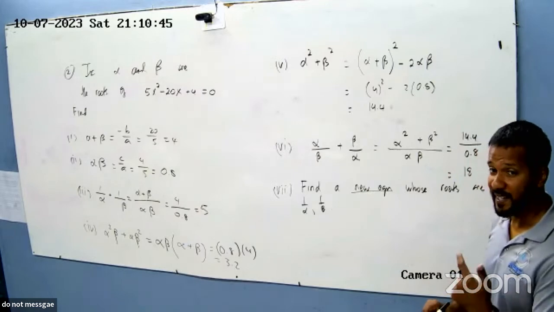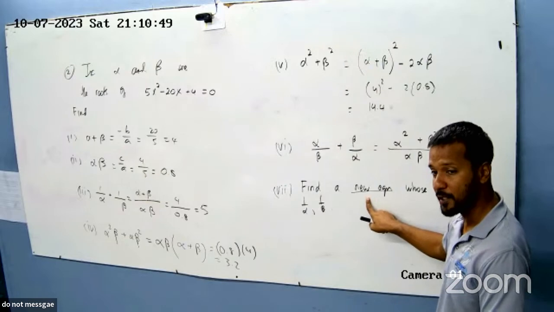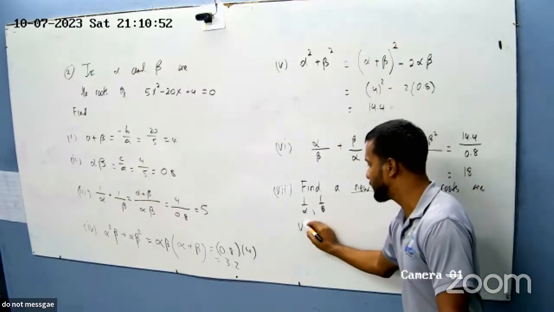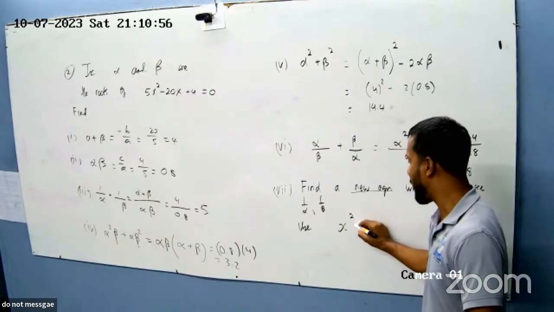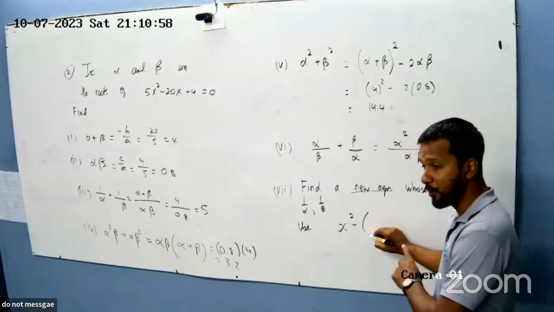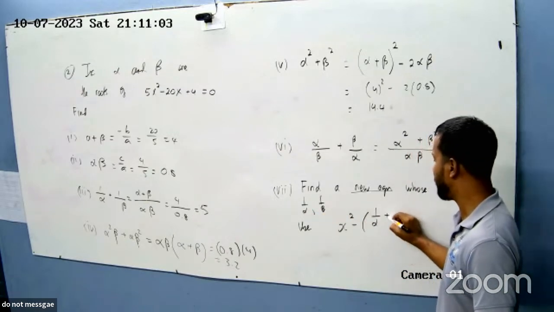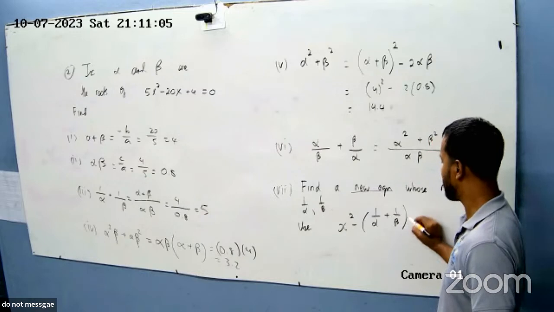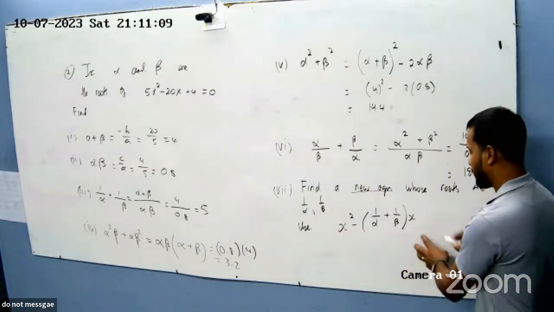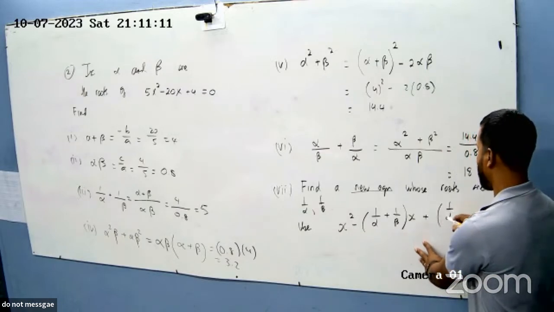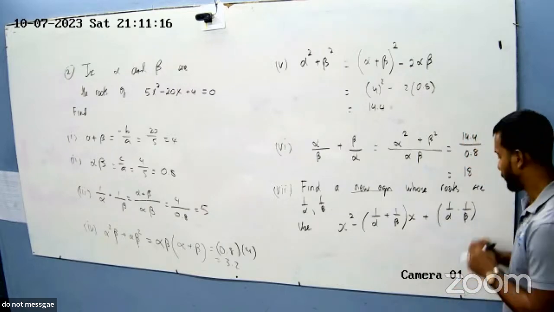If they ask you to find a value, it's doing this. If they ask you to find a new equation, you're going to use the general form I gave you. x squared minus the sum of the roots, where the sum of the roots is 1 on alpha plus 1 on beta, times x, plus the product of the roots, equal to 0.